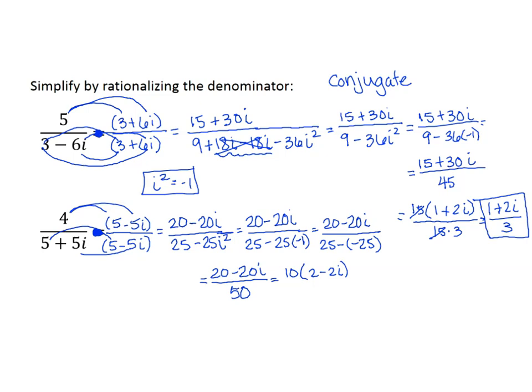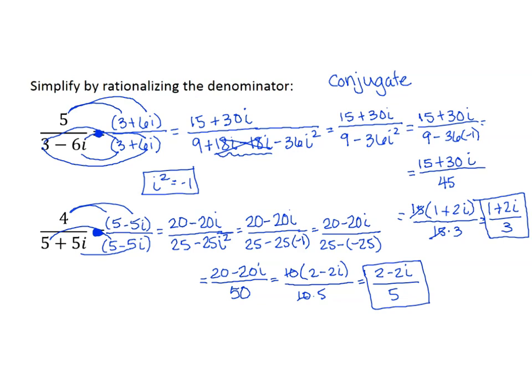Think of it kind of like the backwards process of distributing. I'm undistributing, I'm factoring out. And then on the bottom, I can rewrite 50 as 10 times 5. 10 over 10 is equal to 1. So I'm left with 2 minus 2i over 5.